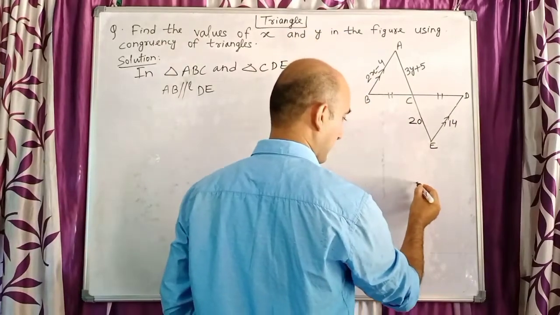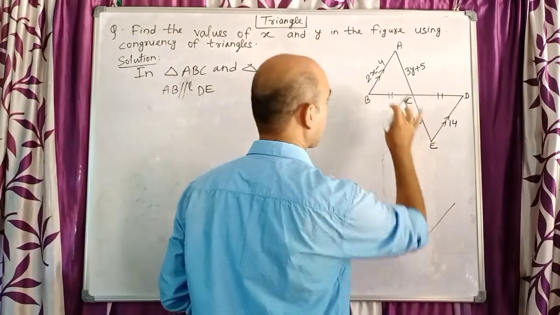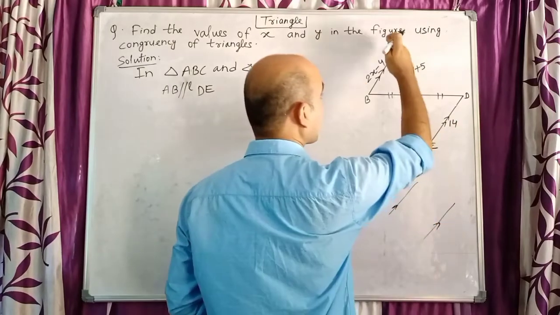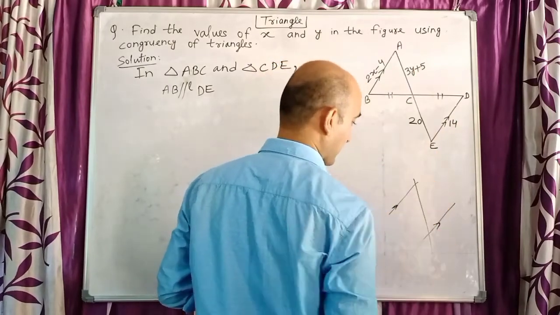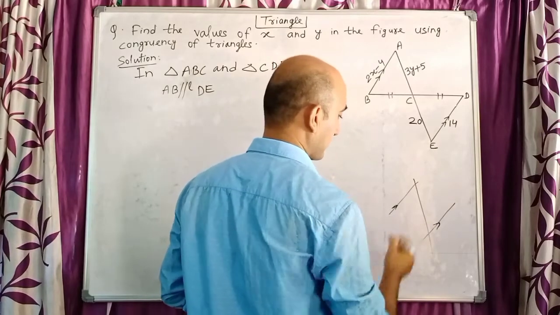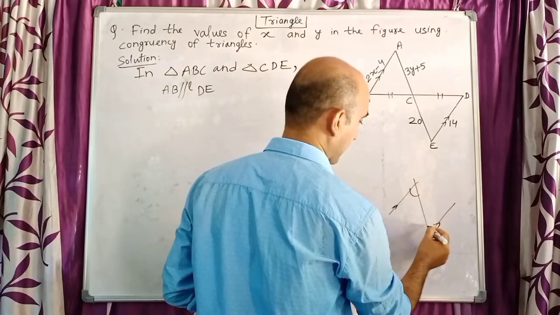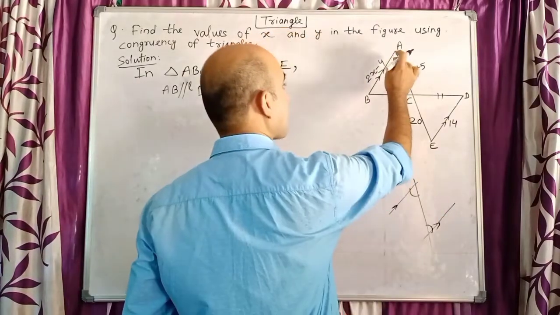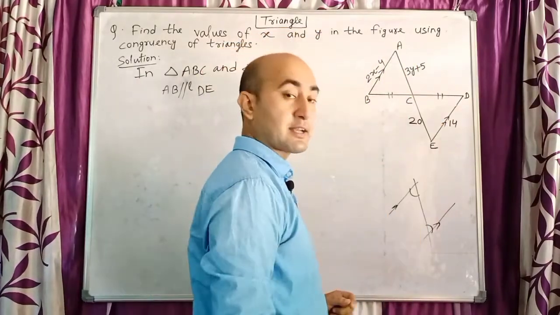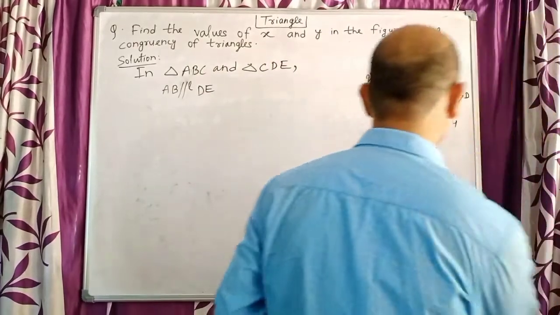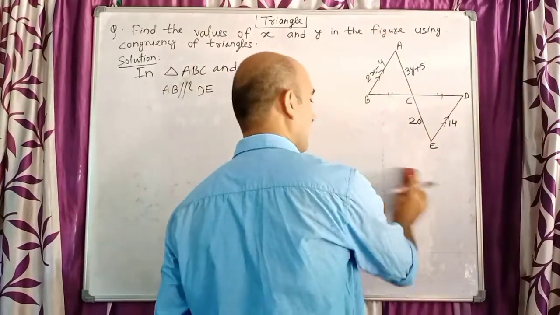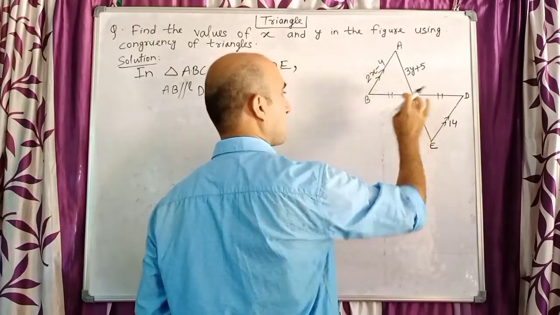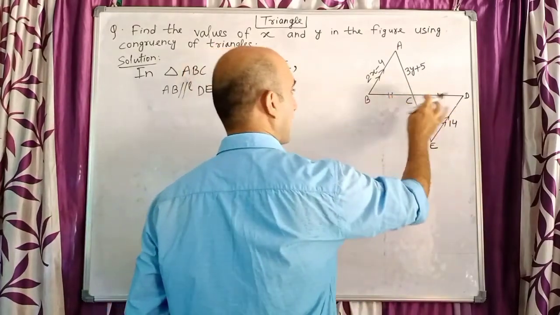Just think, suppose these two lines are parallel, just like this slanted position, and think this line is a transversal. Then these two angles, this angle and this angle, will be called alternate angles. One more alternate angle is here, but if you take one alternate angle, no issue, it is fine. And one is vertically opposite, and these two sides are equal.